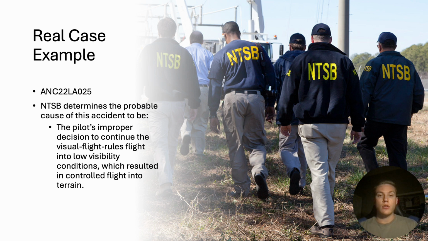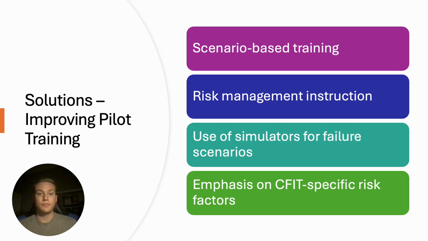The NTSB concluded it was a classic CFIT accident caused by the pilot's poor decision to continue VFR into IMC, despite the limited visibility and the availability of alternate options. This directly supports my presentation by showing how breakdowns in situational awareness and decision-making, especially under pressure, remain leading contributors to CFIT accidents in general aviation.